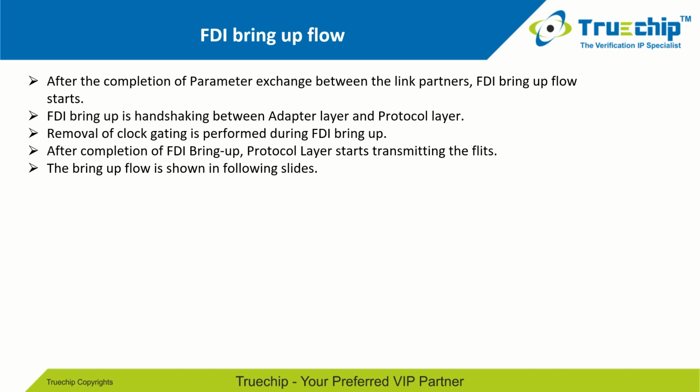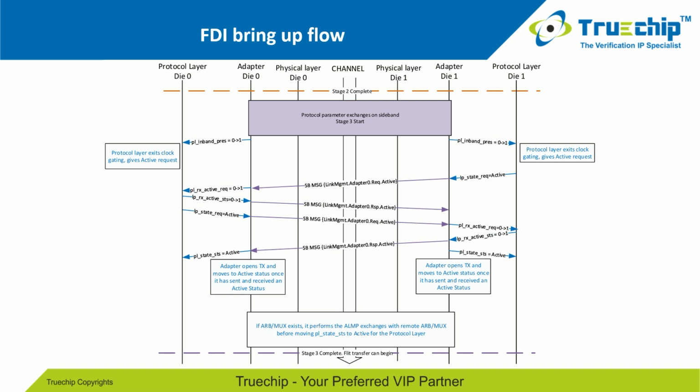Now let's move to the FDI bring up flow, which happens between the adapter layer and the protocol layer. After the completion of parameter exchange between the link partners, FDI bring up starts, and removal of clock gating is performed during FDI bring up. After the completion of FDI bring up, the protocol layer starts transmitting the flits. Here we can see the FDI bring up flow. After the FDI state moves to active state, the protocol layer will start transmitting the flits.